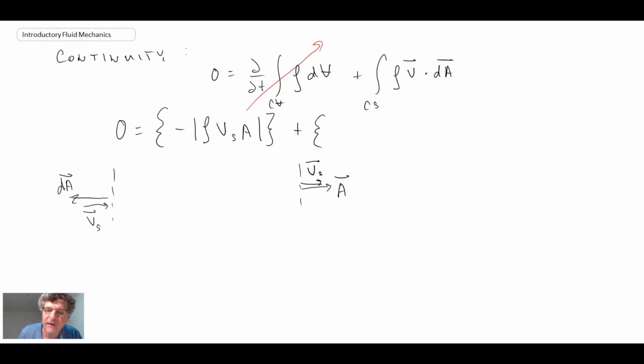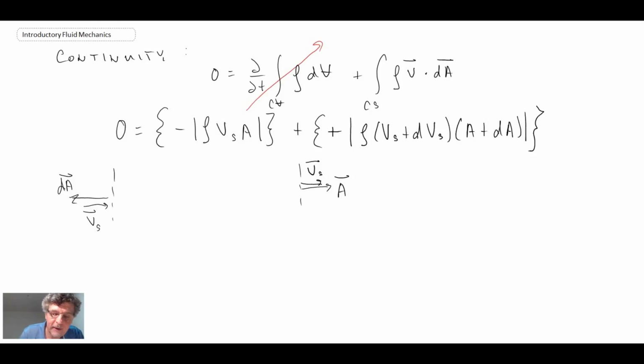We know the velocity and the area are pointing in the same direction, and consequently, this here will be a plus. So the velocity was Vs plus dVs, and the area was A plus dA. That's what we get from continuity.